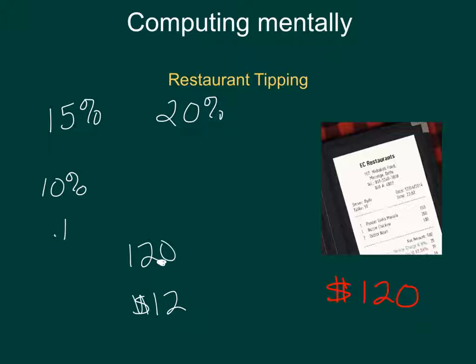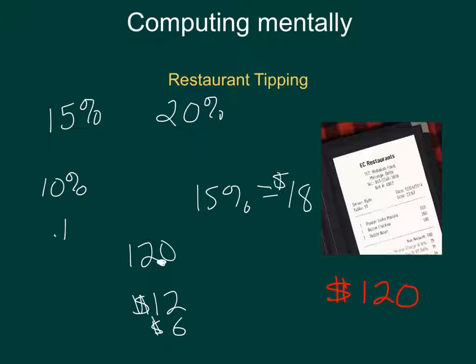But I know that typically I want to do at least 15%. So 10% was $12. If I did 5%, that would be half of 10%. So another 5% on this would be another $6. So my total tip, if I were to do 15%, on that $120 would equal $18.